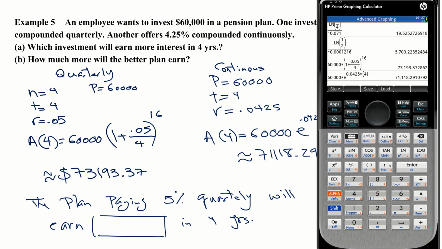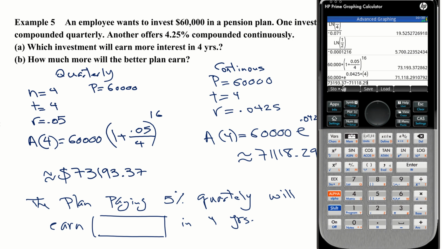Again, we could have calculated the interest and then subtracted just those, but given that they're both starting with the same initial amount, subtracting the totals will be just as effective. All right, so 73,193.37 minus 71,118.29.